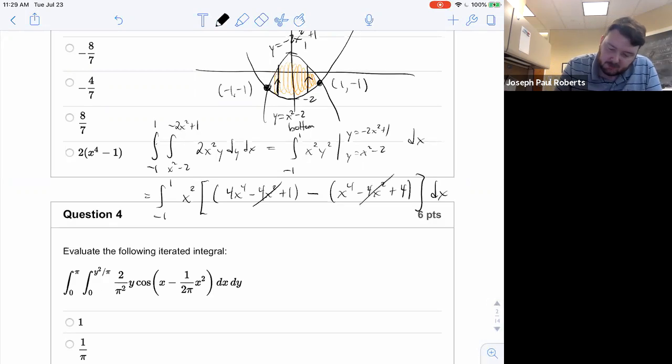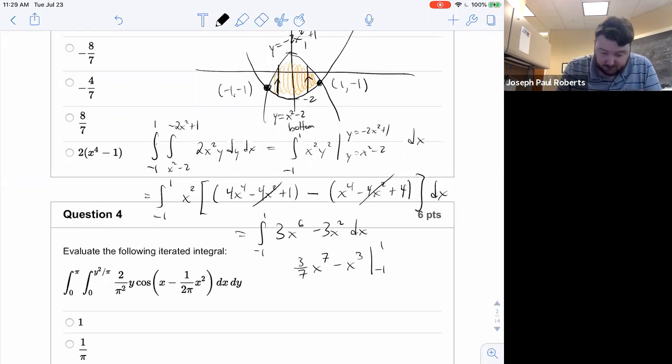So those cancel, and I'm left with 3x to the fourth. But then I have this x squared out here, so 3x to the sixth. And then plus 1 minus 4 is minus 3x squared. And so then from here you get, what, 3/7 x to the seventh minus x cubed between minus 1 and 1.